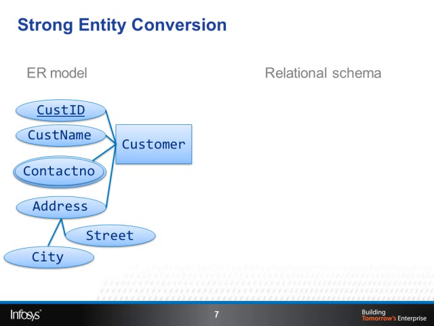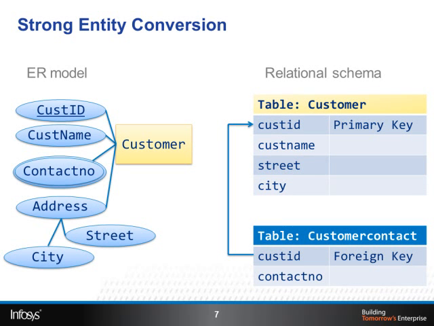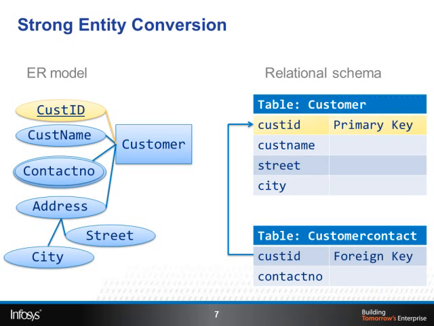As we have seen in the previous example, translation to relational model requires that the entity customer be changed to a table, key attribute customer ID be its primary key, and the single-valued attribute customer name be converted to a column. Address is a composite attribute formed by combining attributes street and city. In the relational model, address will be broken into its constituent two columns, street and city.